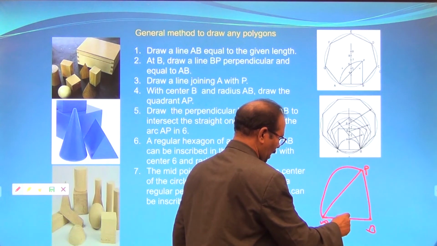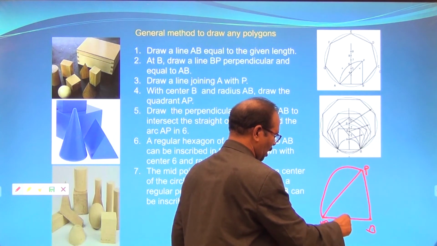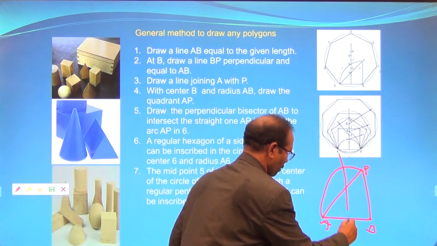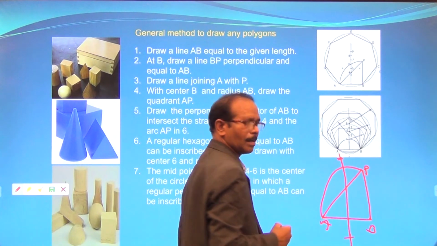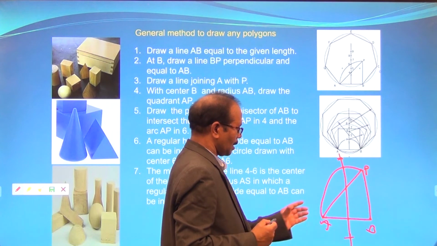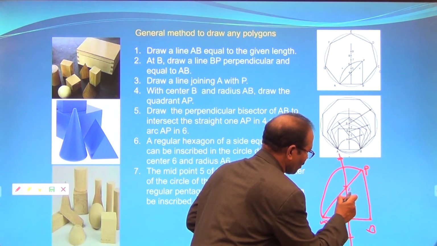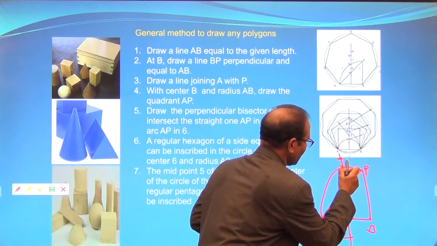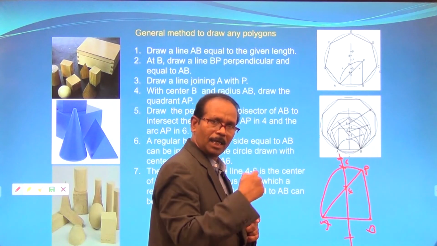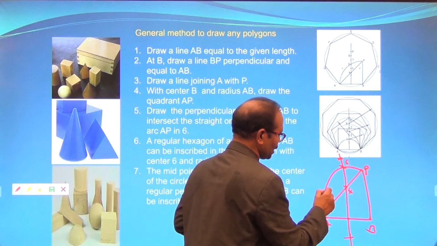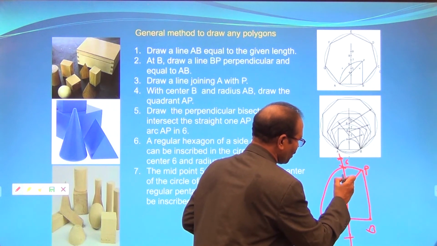Apply the perpendicular bisector which goes to the middle of the AB line. This point, say 4, and this point, say 6. In between 4 and 6, identify the midpoint, say 5.